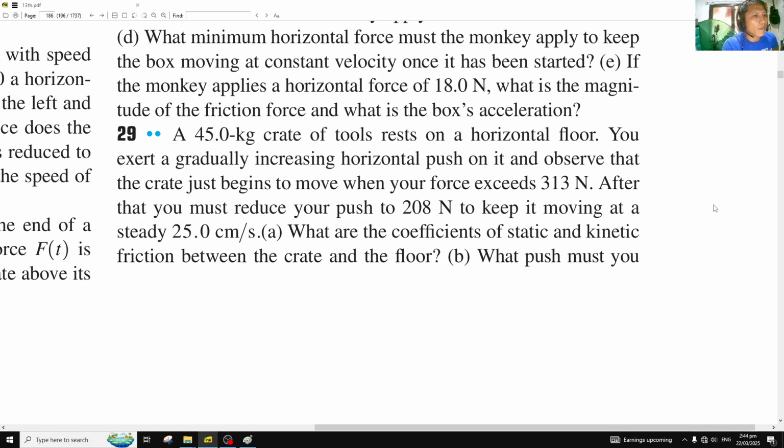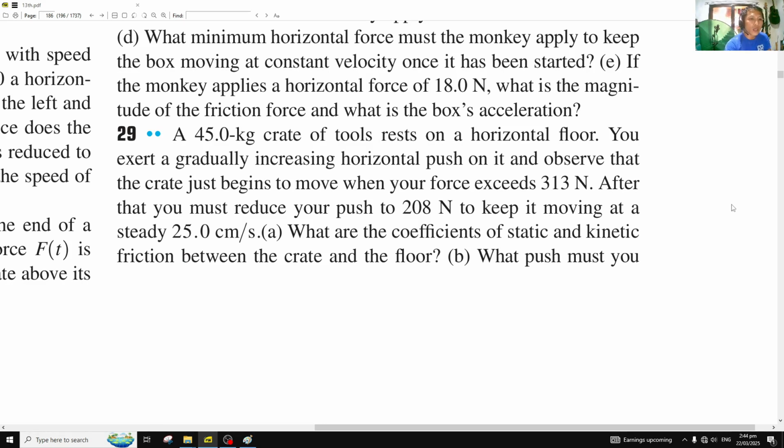So problem 29: a 45 kilogram crate of tools rests on a horizontal floor. You exert a gradually increasing horizontal push, so that is a varying force on it, and observe that the crate just begins to move when your force exceeds 330 newtons.